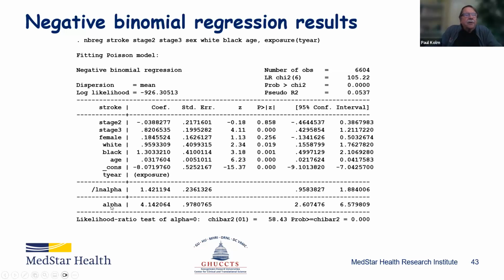Alpha is our correction for over dispersion, and it does a test of whether we need to account for this or not. If alpha is 0, then we can assume it's Poisson distributed. But in this case, it's highly significant. So that means that we really do need to take into account the over dispersion.